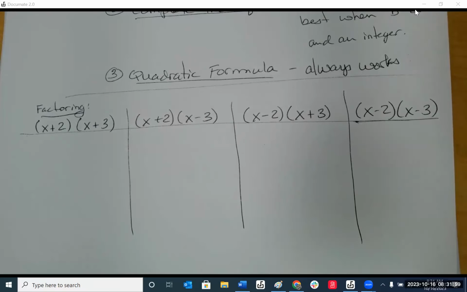Your first step: set equal to 0. Make your equation equal 0.